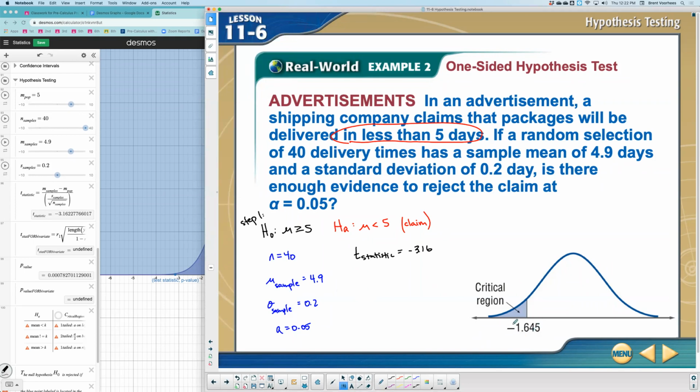This here is the z value for alpha equaling 0.05. Okay, since that t value would be over here in the critical region, we would reject the null hypothesis. Here's how you write it.